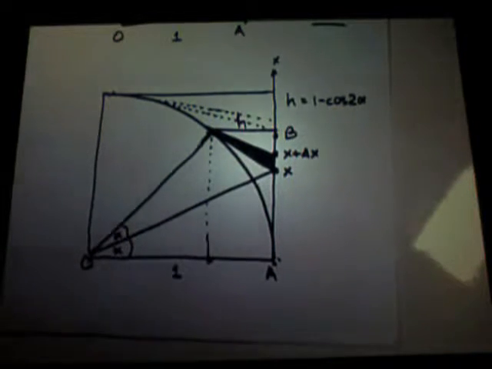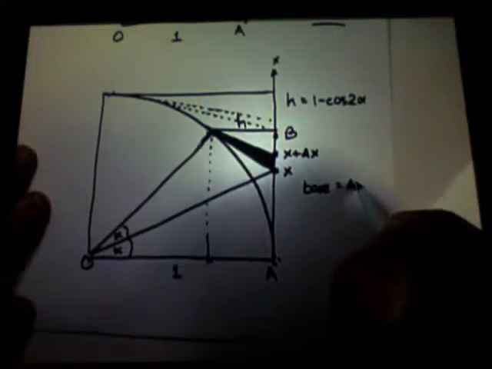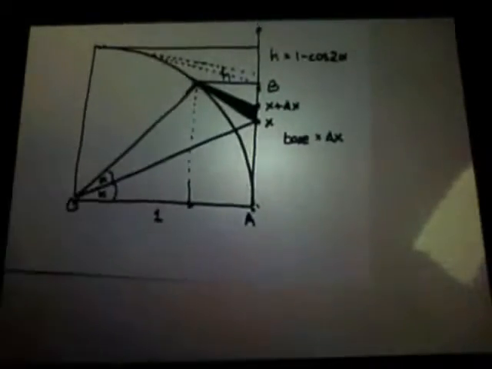What's the base of the shaded figure? So we can write this.